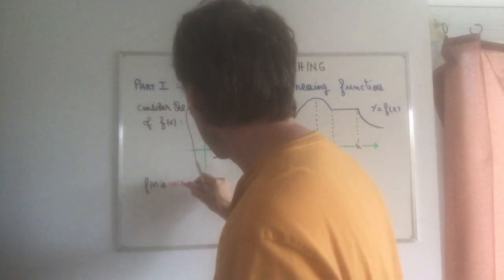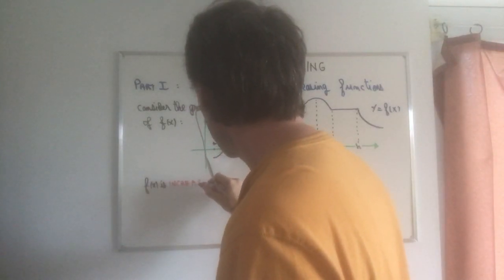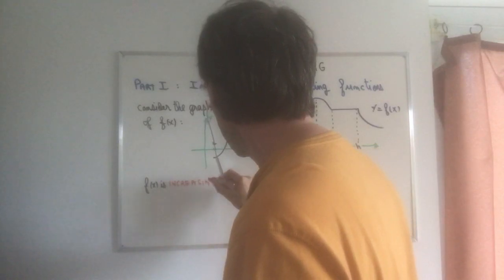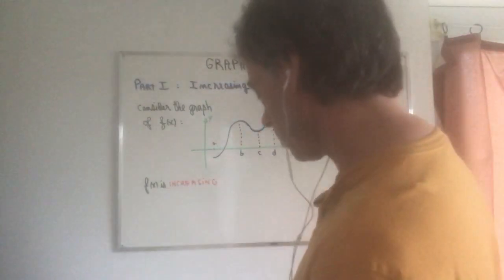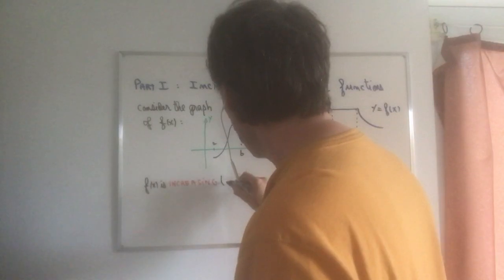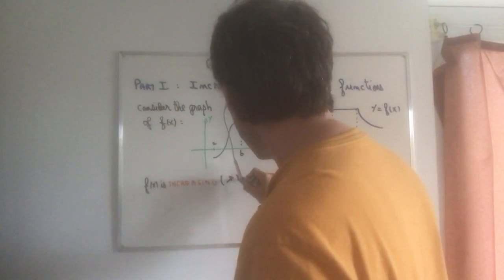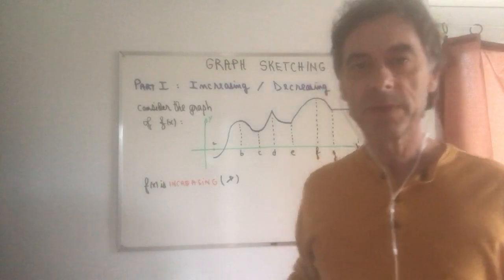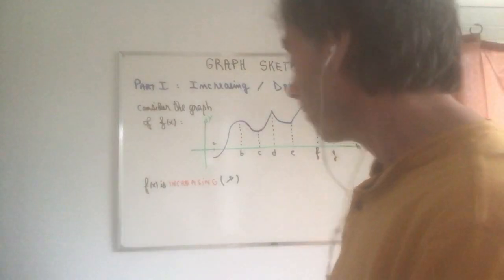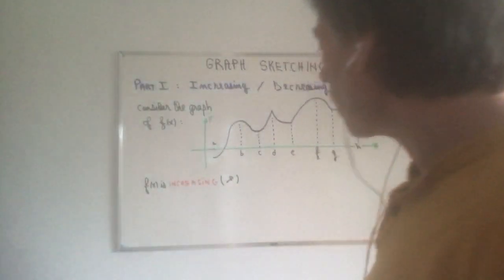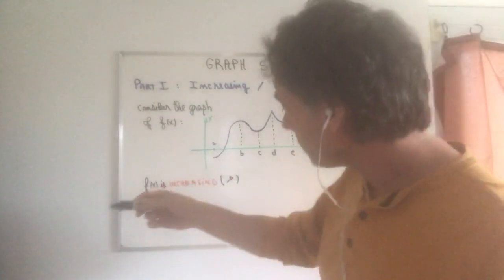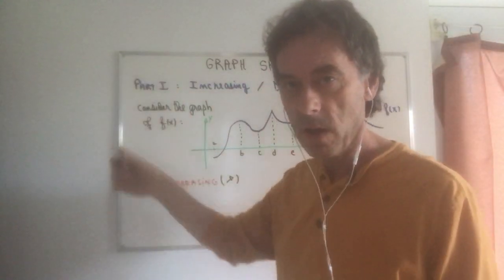So I'm going to say that f is, keyword, increasing, and by increasing I am going to use this symbol, an arrow oriented upwards, to mean increasing. So f is increasing on what interval? That means f is going up on what interval?